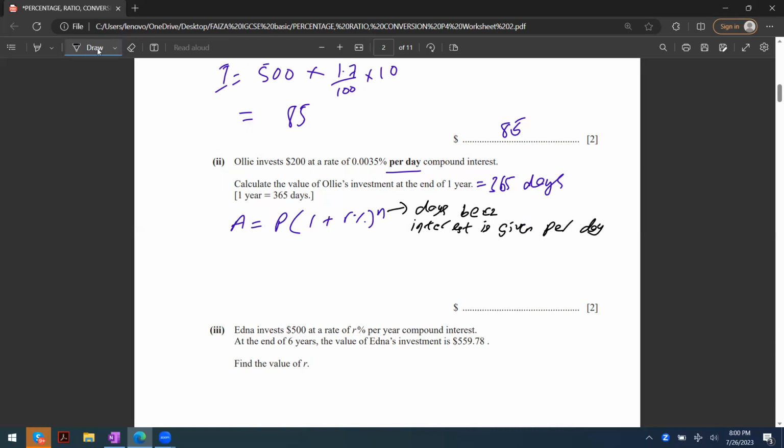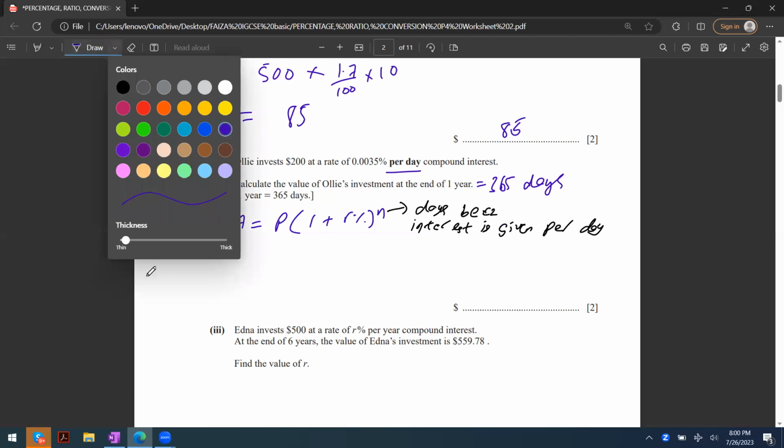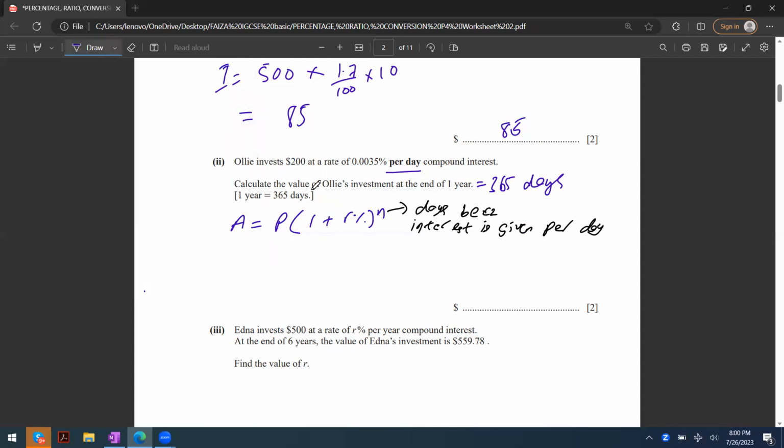Per day. So let's go to our question. Calculate the value of Ollie's investment. That is A. Amount is 200 times 1 plus 0.0035 over 100, percent means over 100, raised to power 365.